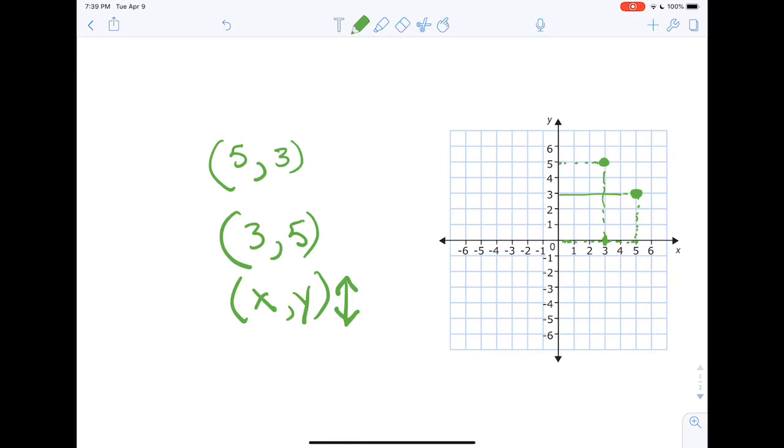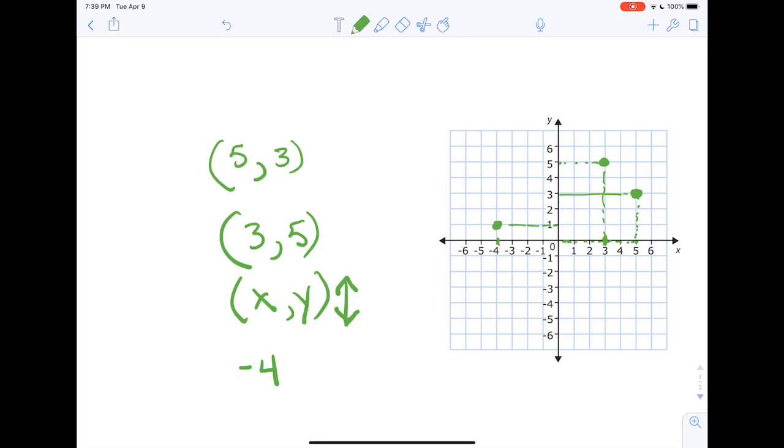So I'm going to give you a couple more points and have you see if you can find them. Okay, let's try this one right here. See if you can figure that one out. Well, you need to find where it is on the x-axis. Well, that's a -4. And then you need to find where it is on the y-axis.